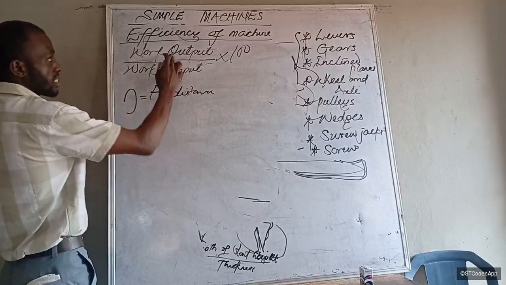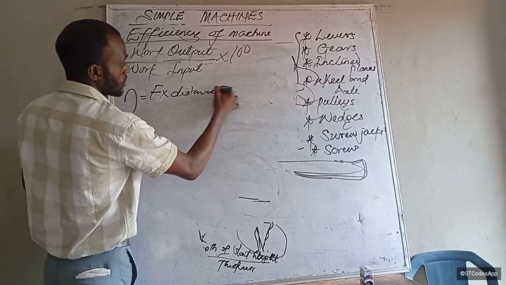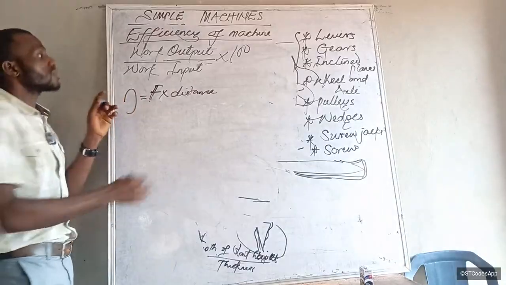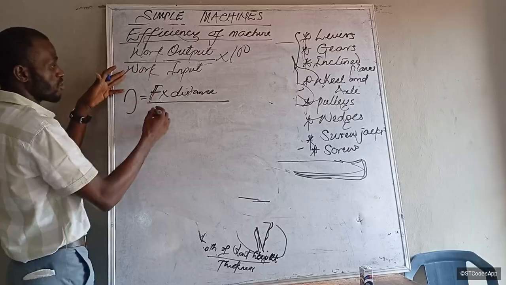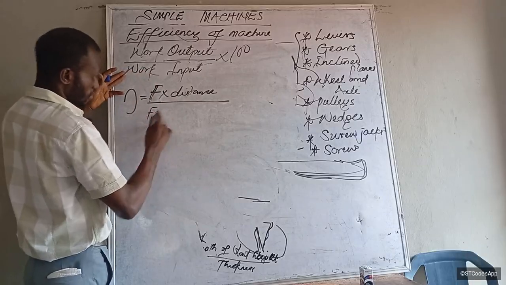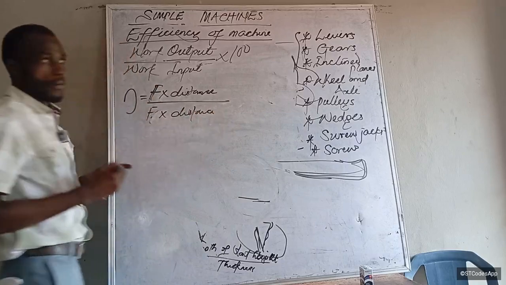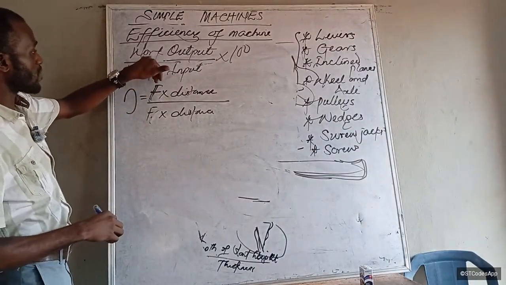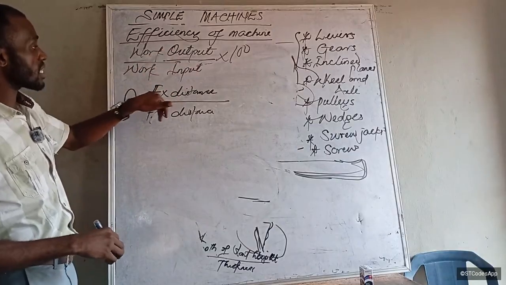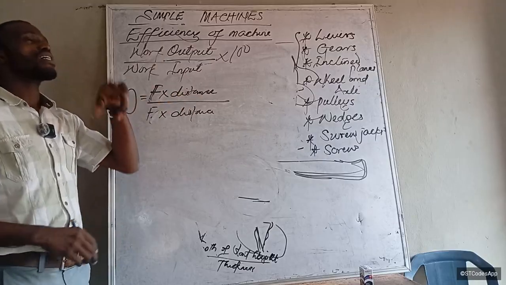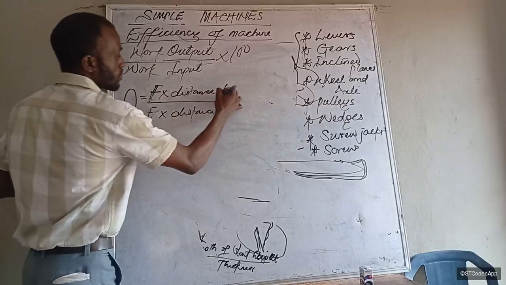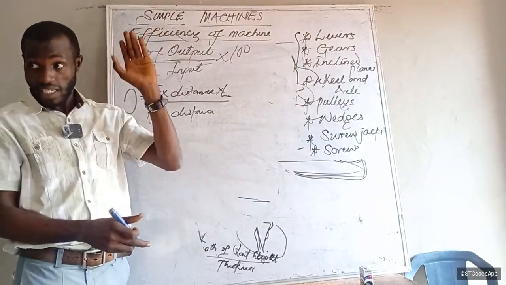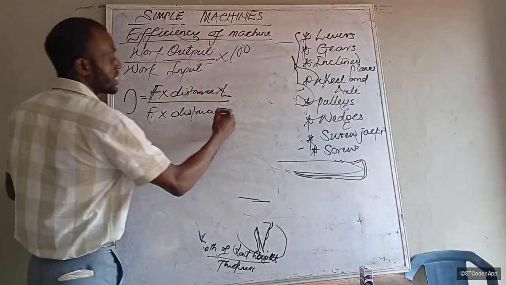Now, since it's output, it will be the force times the distance moved by the load, because your output is the load. Makes sense? Then this one, the input, will be force times distance moved by the effort. Is it clear now?